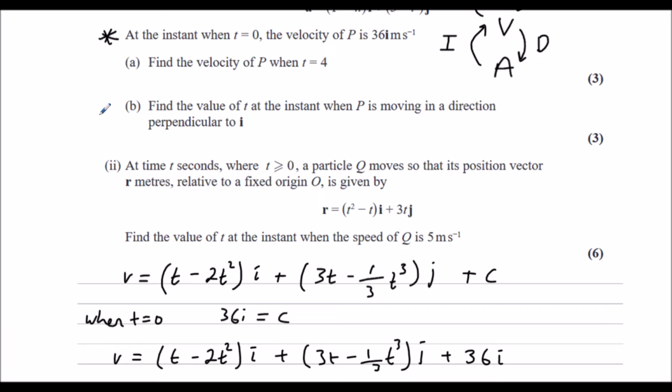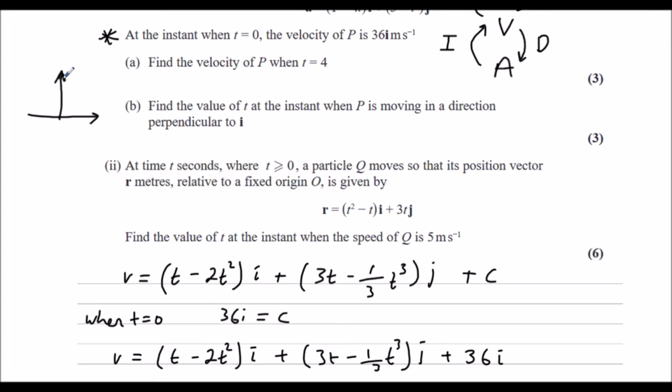Part B: find the value of t at the instant when P is moving in a direction perpendicular to i. So the i direction is the positive x direction, straight to the right. Perpendicular is a 90-degree angle to that. So what happens when we move perpendicular to i? Well, we're moving in the j direction, and it means the i's are 0.